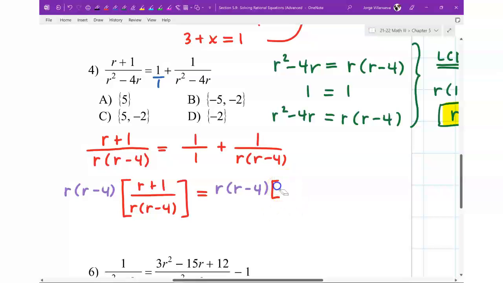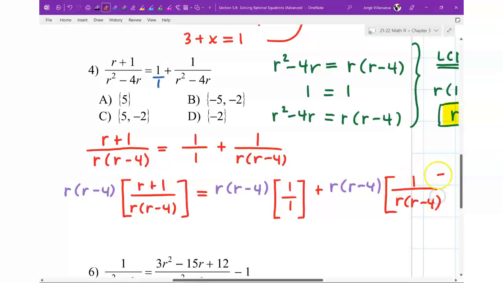Let me actually do that. And then plus R times R minus 4 times 1 over R times R minus 4. So right now we're probably going to have to move the work over to the side, but let's go ahead and cancel some stuff out first.